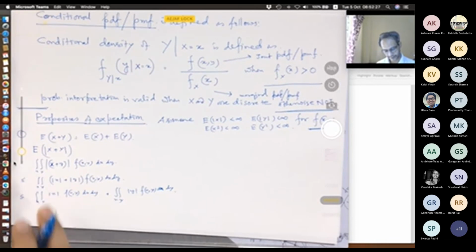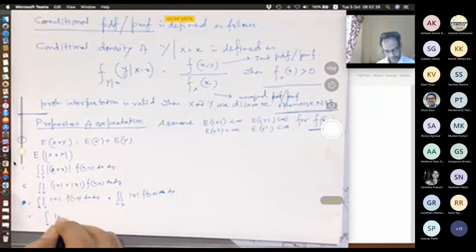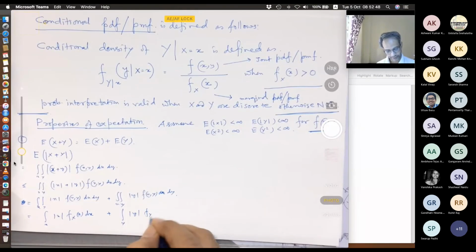Now here x is there, y is not there. So if you take the integration first with respect to y, then you will be left with integral of |x| f_X(x) dx plus integral of |y| f_Y(y) dy.